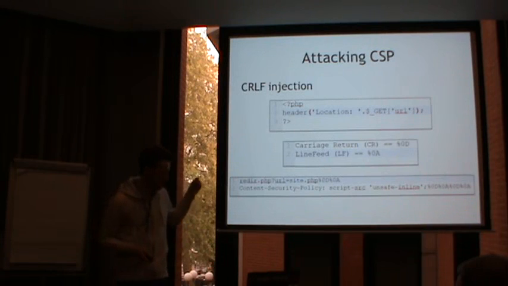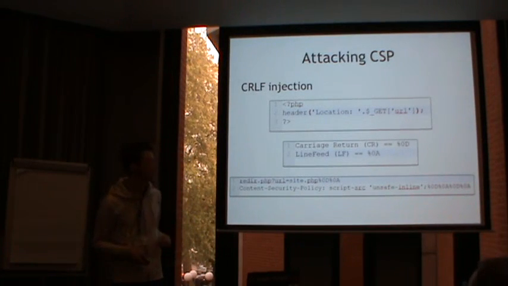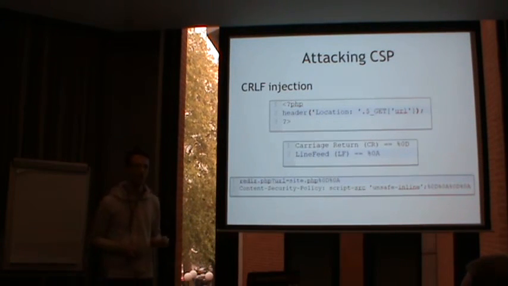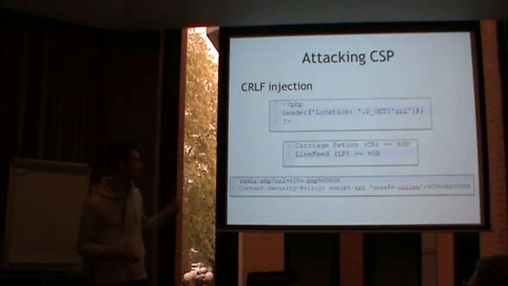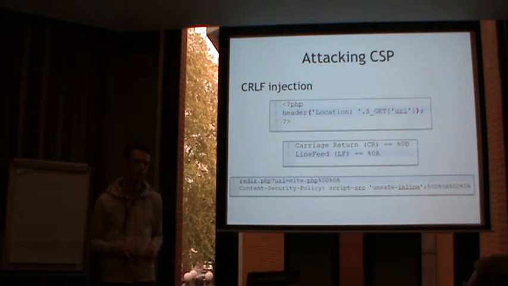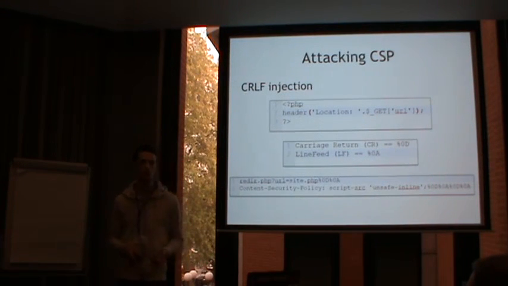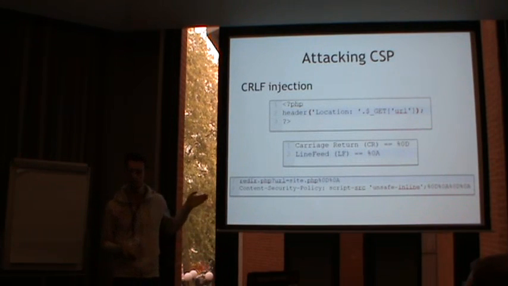So aside from PHP having that vulnerability fixed, it's still a common vulnerability. This is just an example which has been fixed in the meantime. But there are still CRLF injection vulnerabilities out there, and if you stumble across one and there is a CSP in place, you could use this kind of attack to bypass CSP.